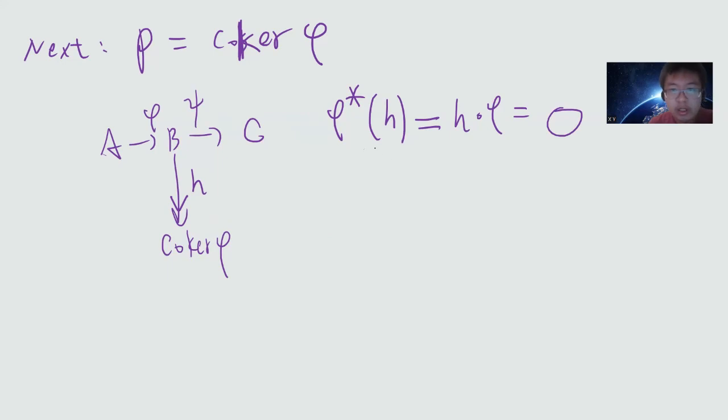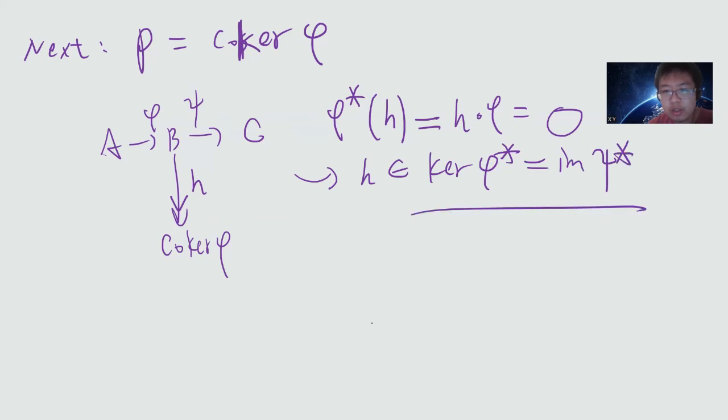Now we have the exactness, because H belongs to the kernel of phi star, which will be the image of psi star by the exactness. So we have some guy here called H prime, such that this diagram commutes.